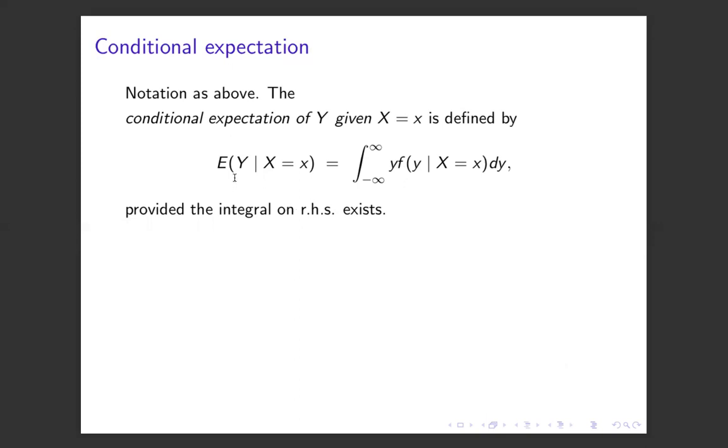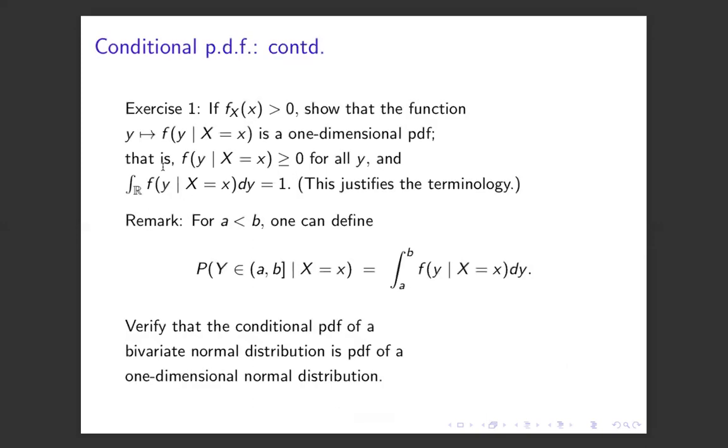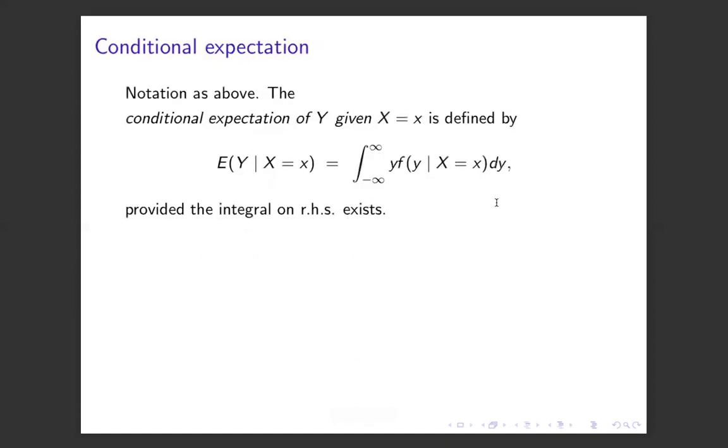Namely, in the previous slide, we had seen that this function y going to f of y given X equal to x is a PDF, one-dimensional probability density function. So you integrate with respect to that. So that is integral minus infinity to plus infinity y f of y given X equal to x dy, provided of course the integral on the right side exists.